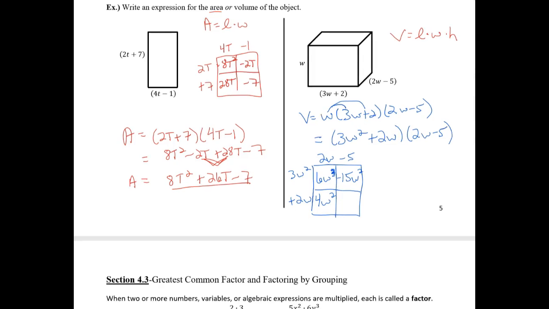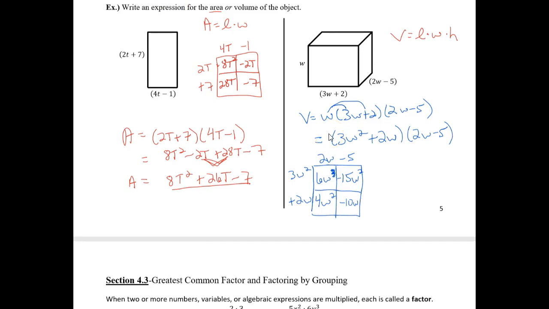And 2w times a negative 5 would be negative 10w. Oh, and up here I meant a cube, not a square. 3w squared times 2w is 6w cubed up here.